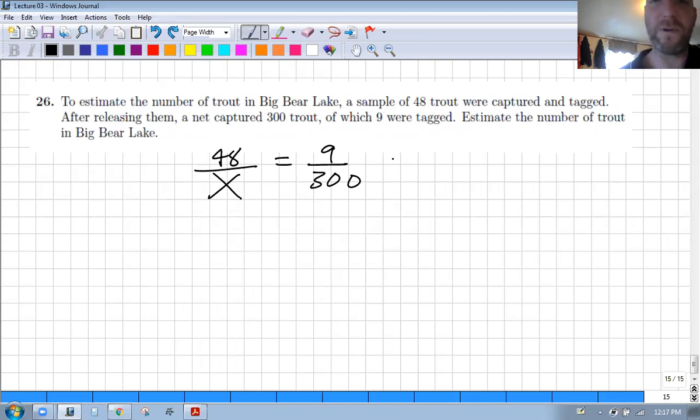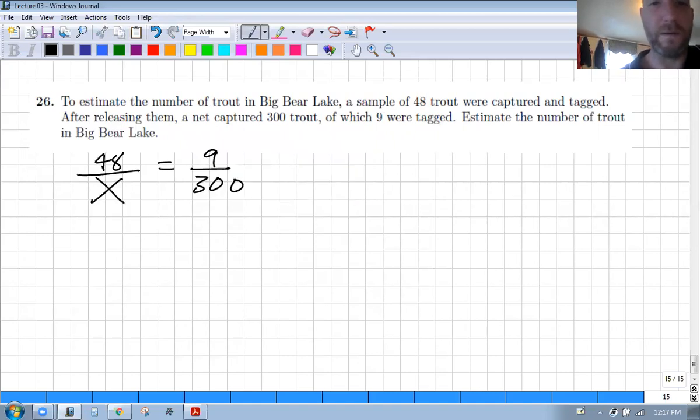So now we solve for X here. We do the quick flip on both sides. Now to get X by itself, we multiply by 48.